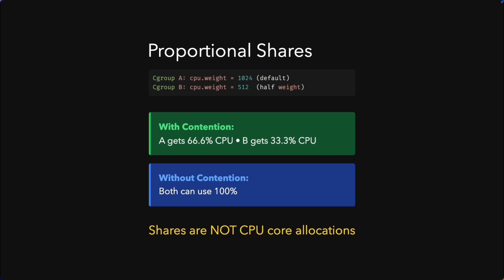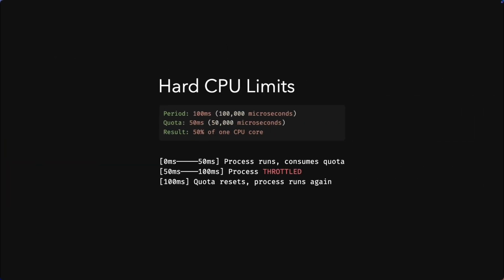Without contention, everyone can burst to 100%. Second mechanism is hard limits. It is cpu.cfs_quota_us and cpu.cfs_period_us in v1 and just cpu.max in v2.